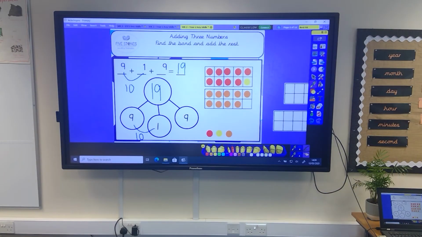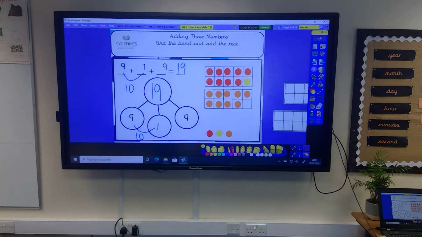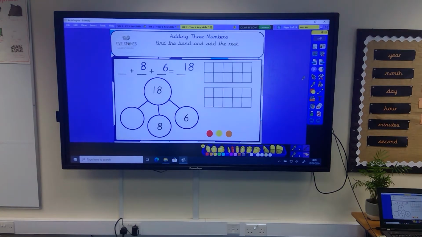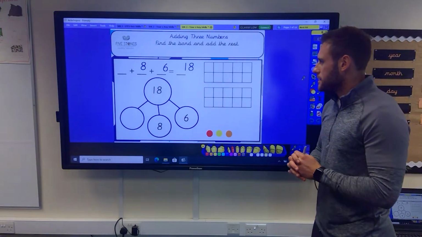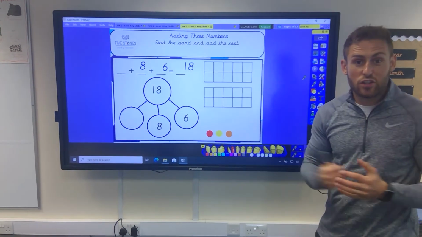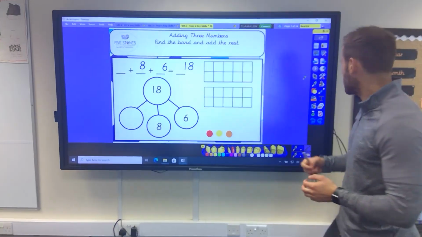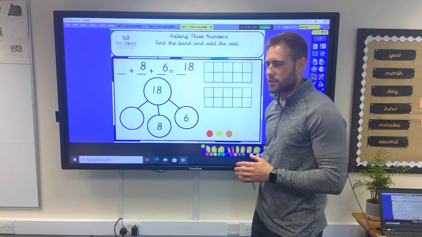Good work. Hopefully you can see our 9, our 1 and our 9 in our 10s frame. Giving you the whole. The whole is 18.